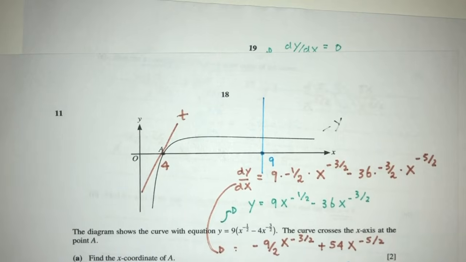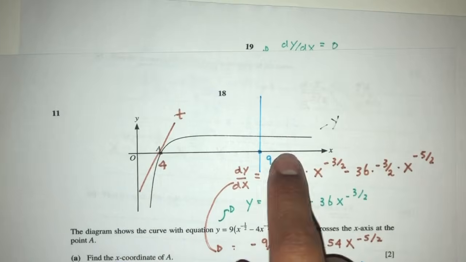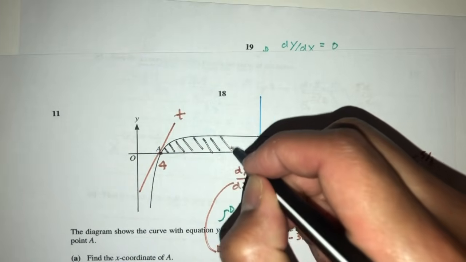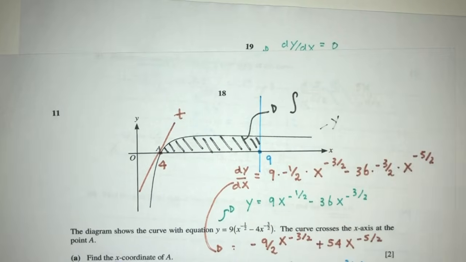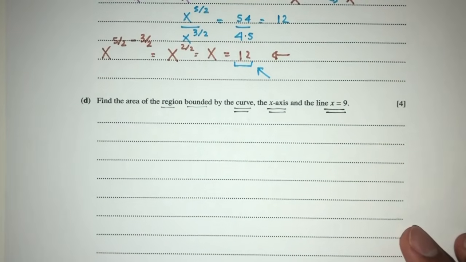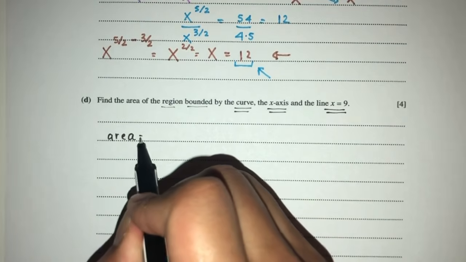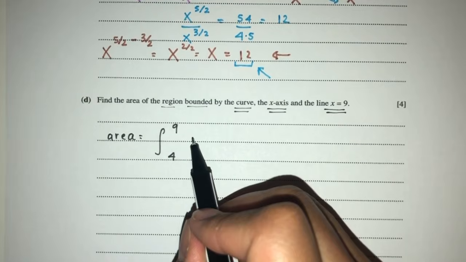Now we have to find the area bounded by the curve, the x-axis, and those 2 points. That will be this area. So how would you find this area? Pretty easy, by using integration. The main idea was for you to understand what the limits were. So the area will be the integration between the value of 9 and the value of 4 for the curve y.